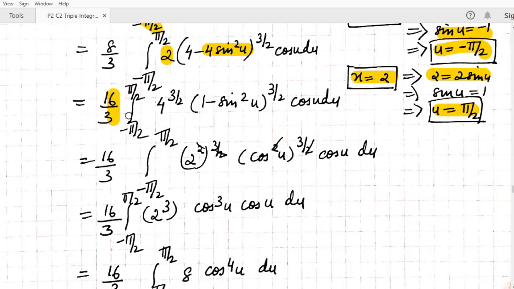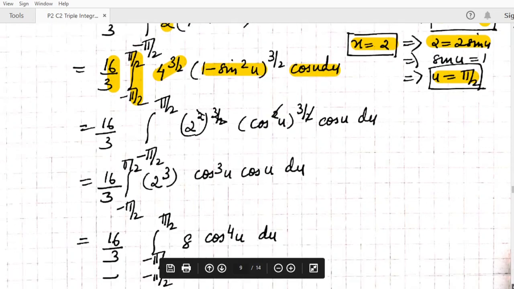Integral minus pi by 2 to pi by 2. And here we can see 4 minus 4 sine square u. If we take 4 common, we get 4 raised to 3 by 2 into (1 minus sine square) raised to 3 by 2 cos u du.